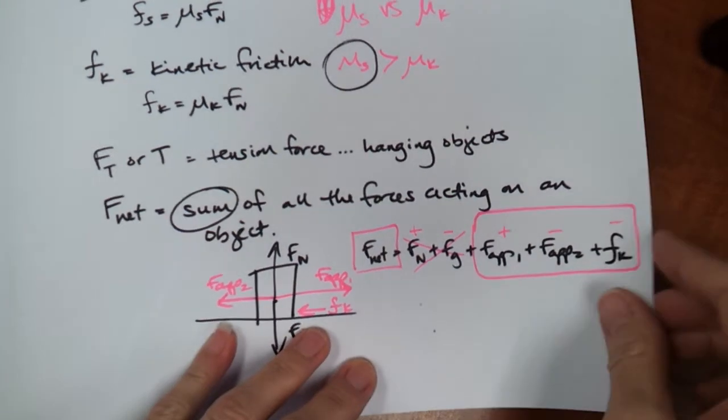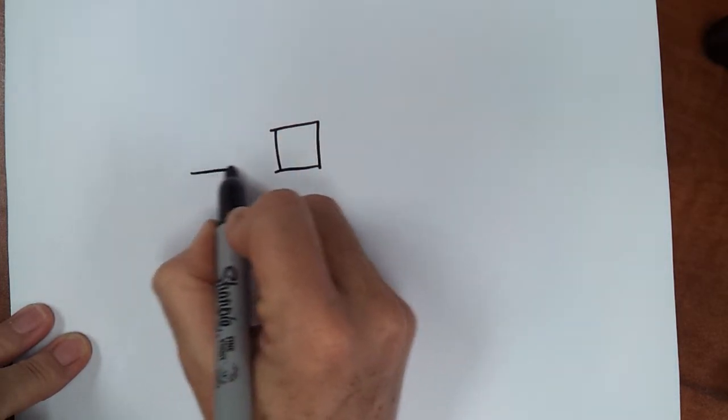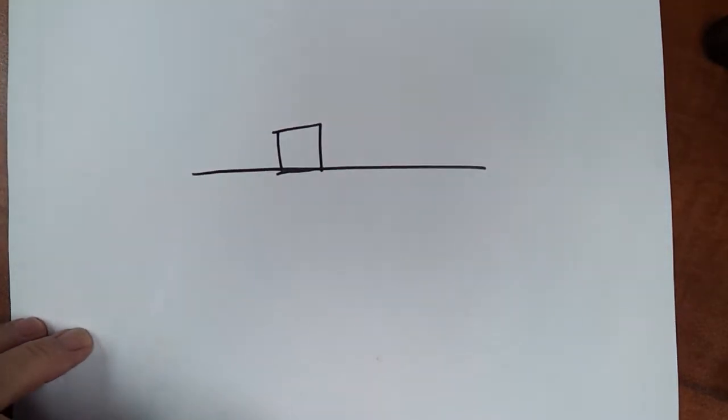Let's quickly do one. I think that's all I have time for right now. Let's do one problem in which we deal with an angle. So let's say that I have a box. The box is not on an angle. We'll start simple.